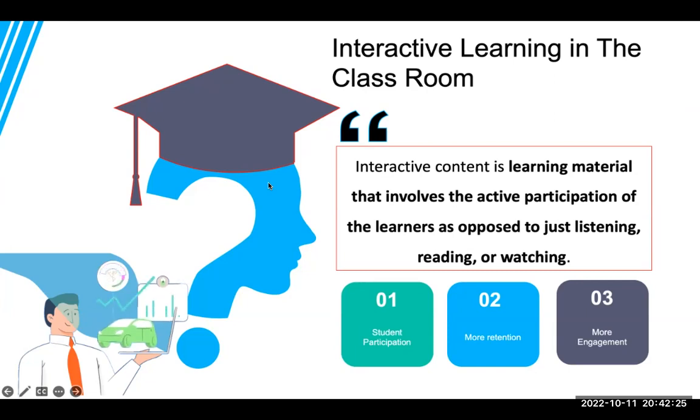Now my question is, if you have technology, you have the internet, you have the smart boards, you have the tabs, then what kind of interactive environment can you create inside the classroom? Okay, great. Inviting students to write on board, role play. This type of activities, inviting students to write on board, sometimes students are shy to come and stand in front of the whole class.